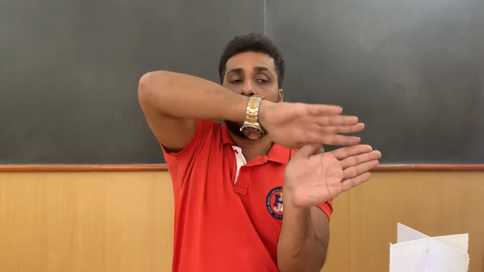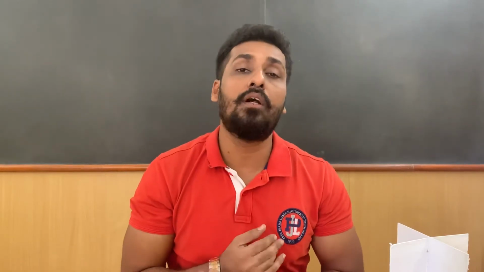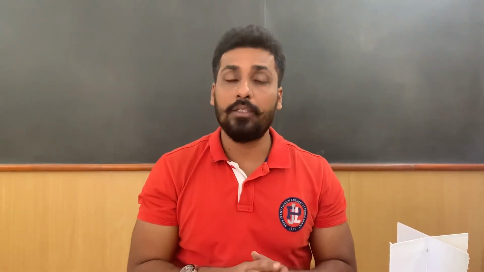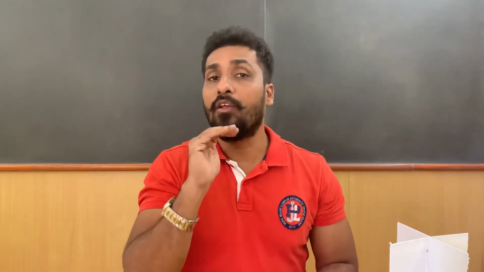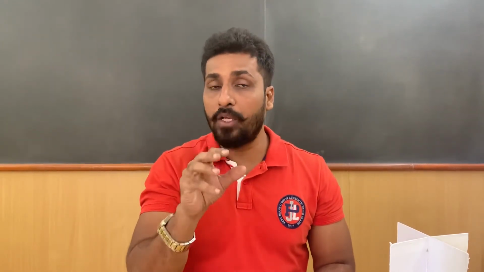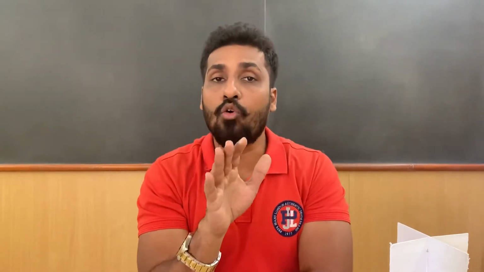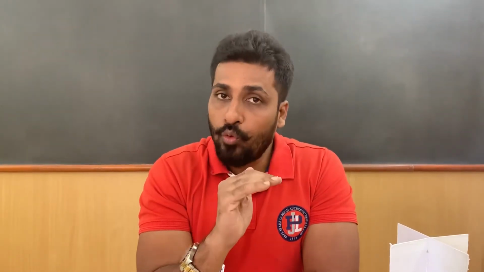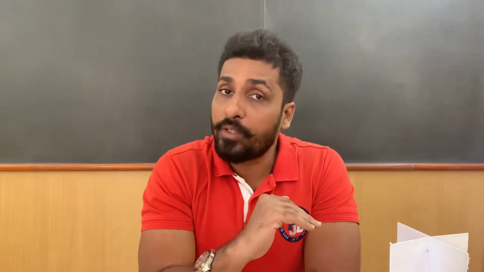That means in the third quadrant, the top view will go above the xy line and the front view, which is coming on the vertical plane, is below the xy line. So in the third quadrant, top view will go above the xy line and the front view will remain below the xy line.